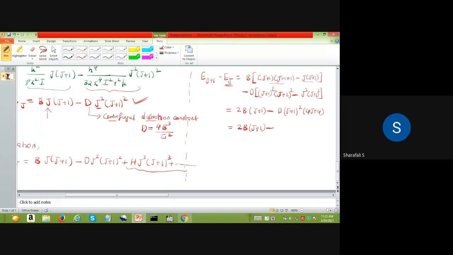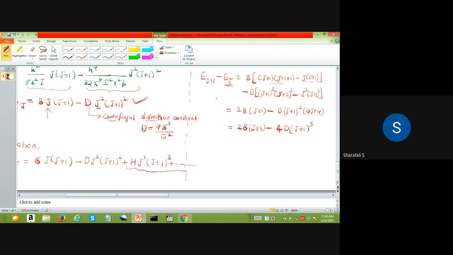Then we have minus D. So this 4 you have to take outside, then it will come as 4D, J plus 1 square is here, then we have J plus 1 also come in this bracket, so that will become J plus 1 cube. So this is the energy difference between adjacent energy levels in the case of a non-rigid rotator.